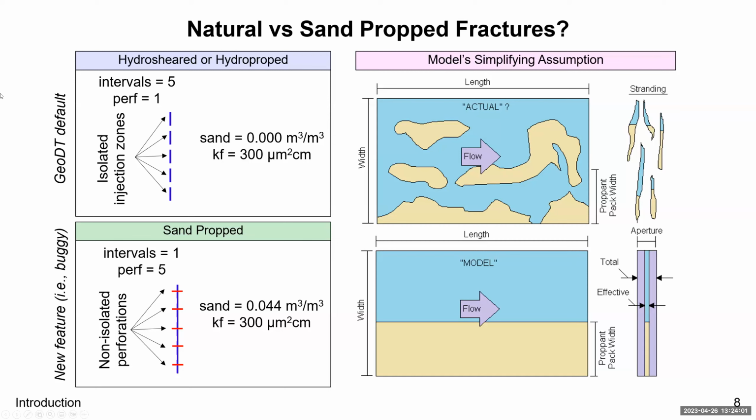If you're doing sand propped fractures, though, it does change a little bit. Sand propped fractures are actually a relatively recent addition to the code that was only implemented about a month ago. In this case, instead of using the keyword intervals for defining the geometry of the injection well, you can use the perforation variable. It will treat the injection well as a single connected well with a single set of boundary conditions on the end of that well.